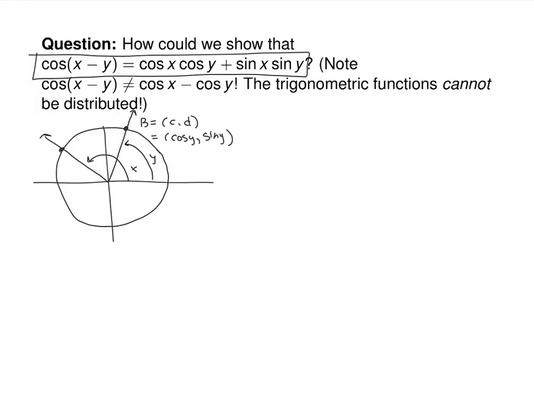And I'm going to call this point A, and that point A will have coordinates A, comma, B. What are its coordinates going to be? Think about it. B was cosine y, sine y, right? What is the angle at point A? x. So this will be cosine of x, sine of x. Those are the coordinates there.